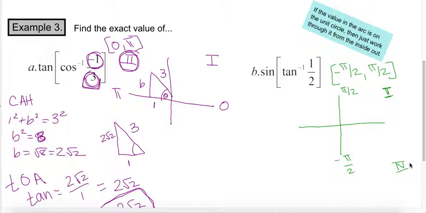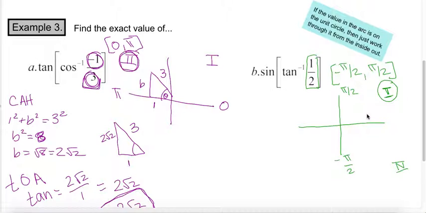The value inside my arctan is positive. And if you think to all stupid trig crap, tangent is going to be positive in the first quadrant. So we've done step 1.